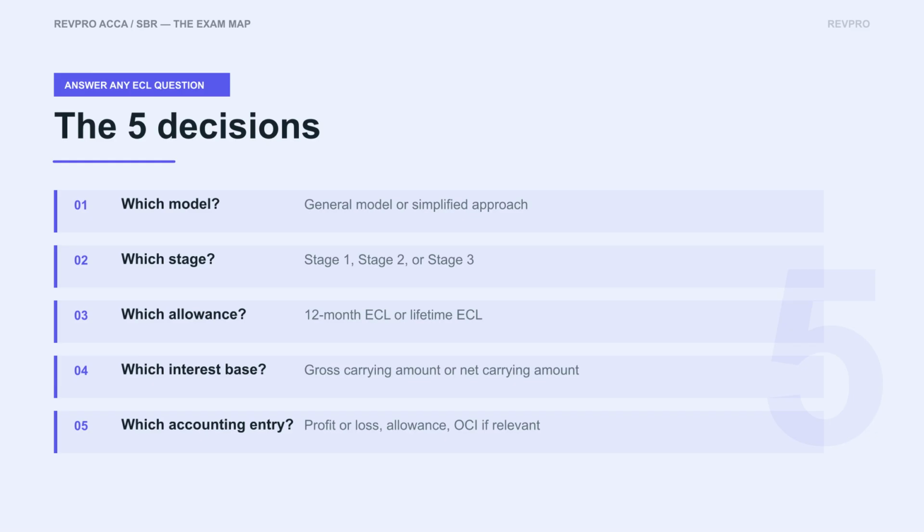Second, classify the asset into stage 1, stage 2, or stage 3. Third, calculate the expected credit loss. Fourth, work out interest income because stage 3 changes the interest base. Fifth, write the journal entry and explain the moment clearly. If you can follow those 5 steps, you can answer almost any SBR ECL requirement.